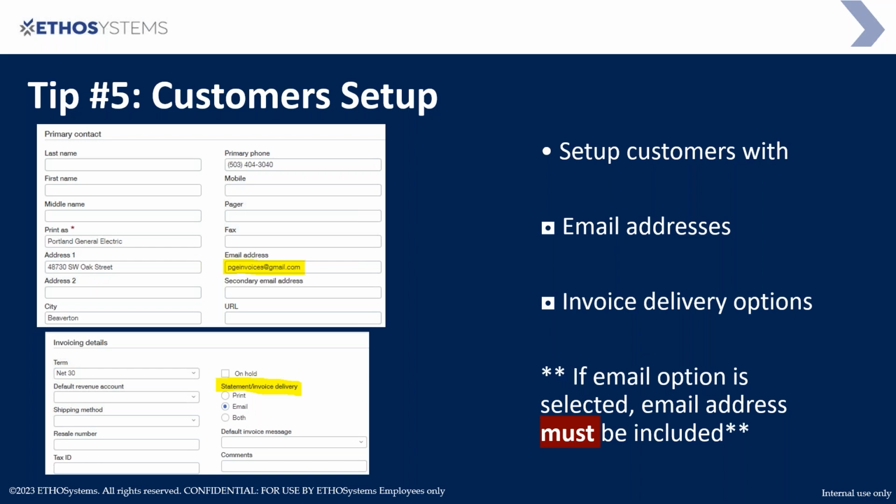The only tip I want to call out on the setup is that if we select the email method, we have to have an email on file. If we don't have an email on file, the import file for the customers will fail. But we can always print it and send it out to the customer that way.